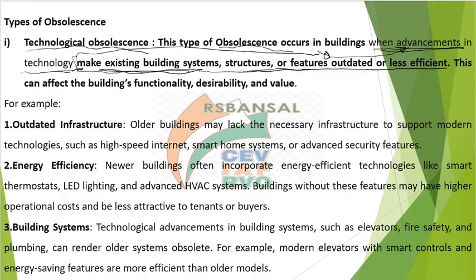So what can it do? It can affect the building's functionality, desirability, and value. What are the examples? We may take some examples. First one is outdated infrastructure. With the change of time, older buildings may lack necessary infrastructure to support modern technology.